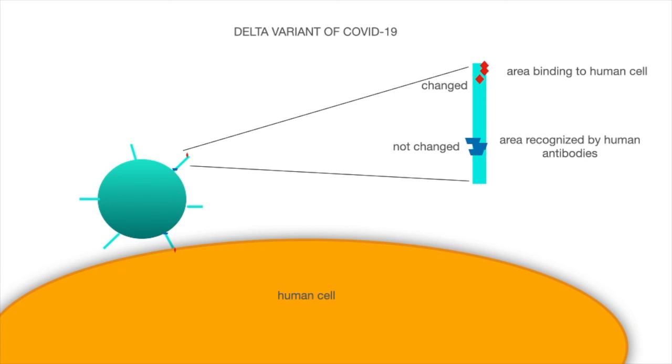So let's think about this. This is in a person who's fully vaccinated. They themselves are not going to get severely ill, but they can pass the virus on to other people. Well, here we have to think about the different classes of antibody. The Delta variant is binding to human cells very tightly.